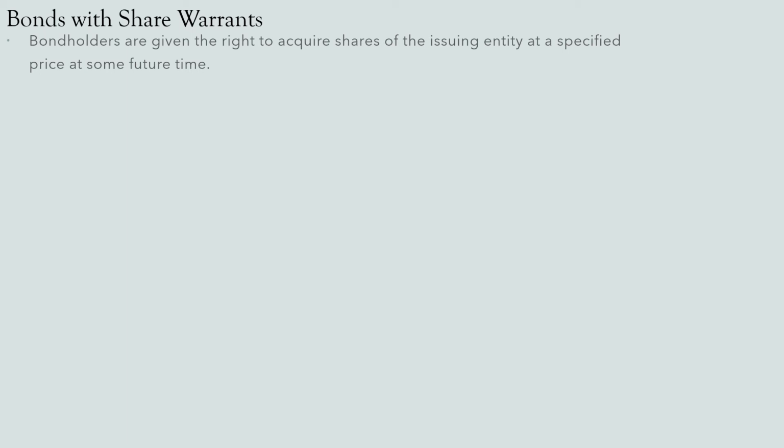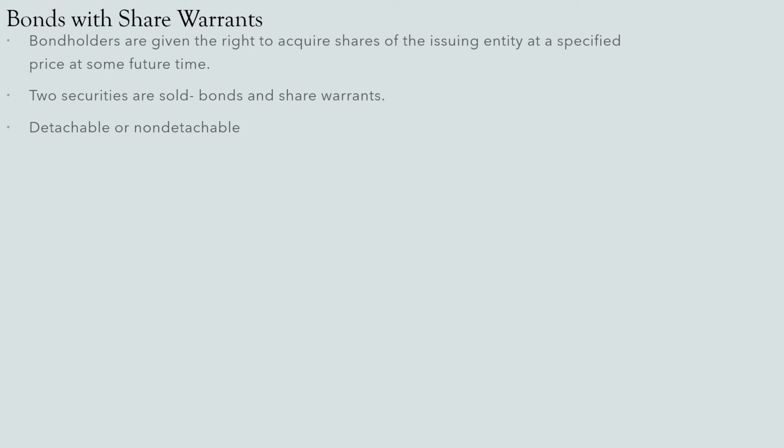Pwede siyang detachable or non-detachable. Paalala lang, dahil compound financial instrument to, dalawa talaga yung binenta dito, which is bonds at share warrants. Warrants have a value and shall be accounted for separately.